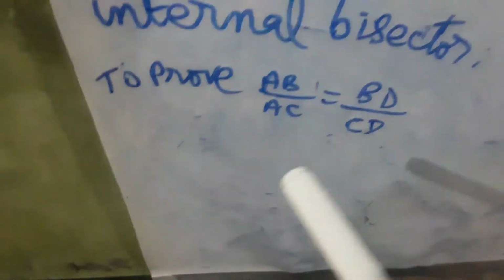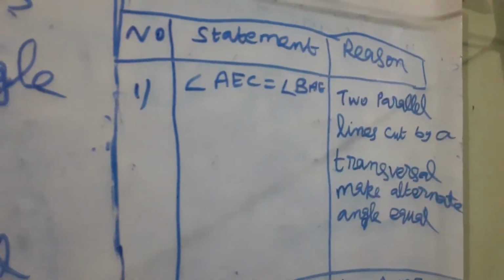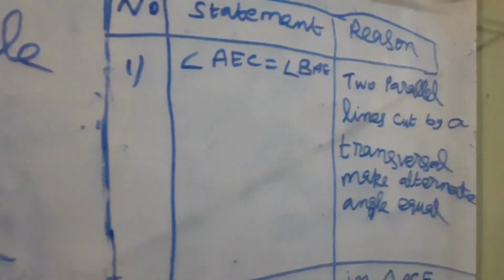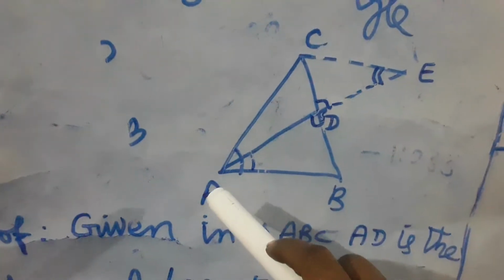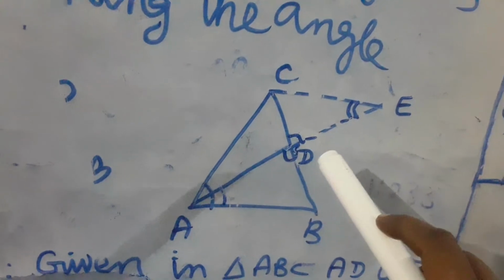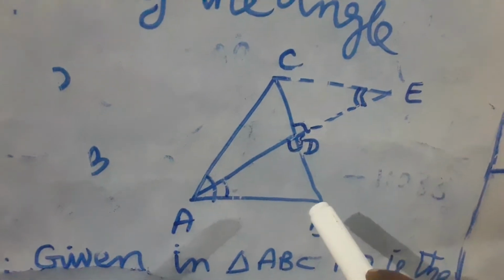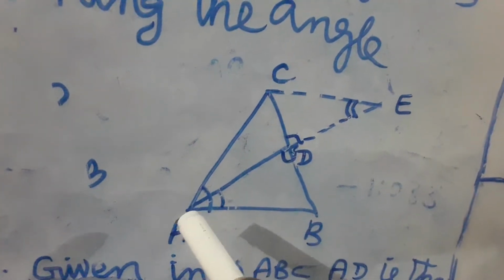Now to prove AB by AC equal to BD by CD, the first point: angle AEC is equal to angle BAE.